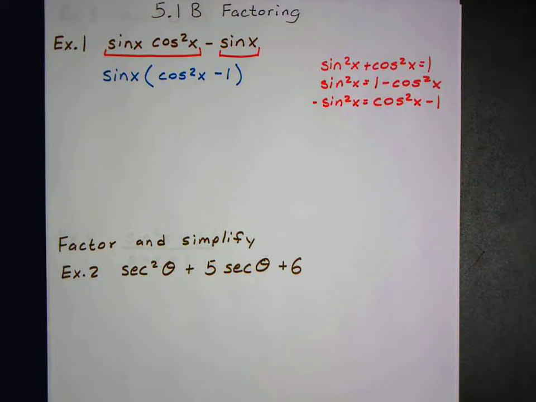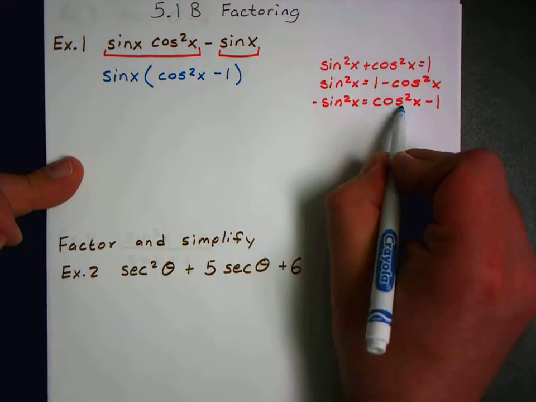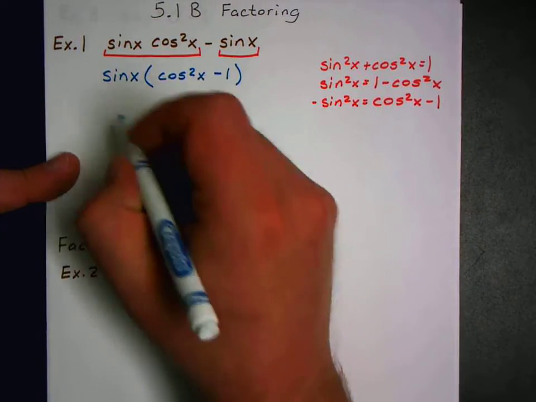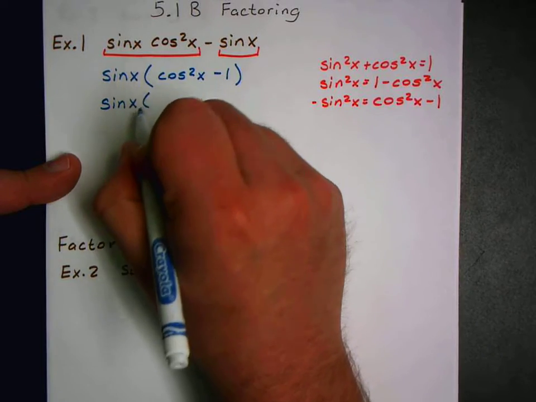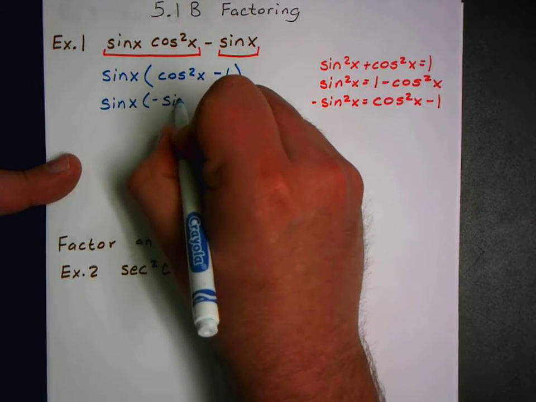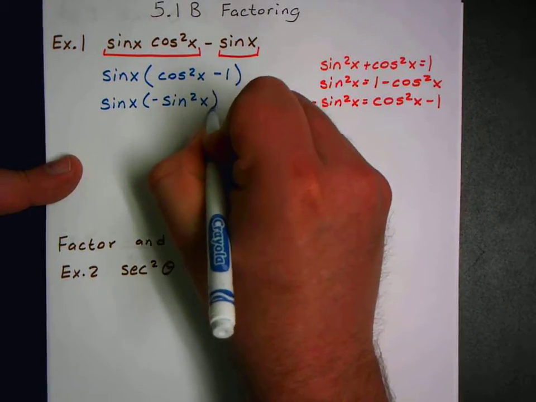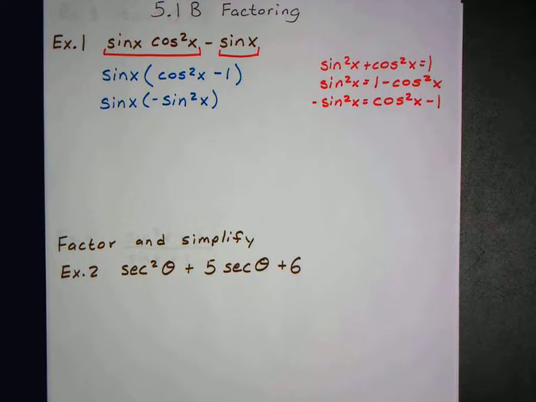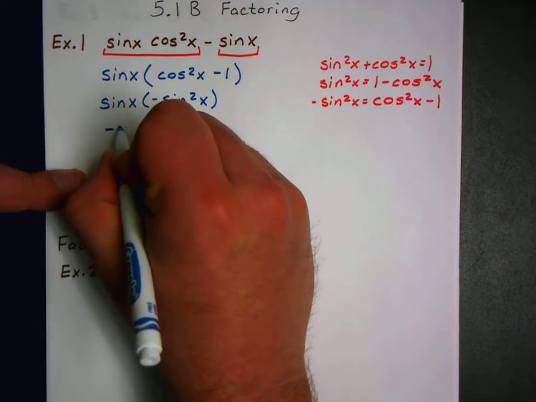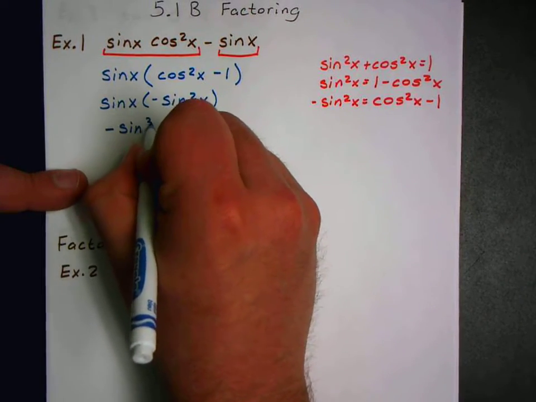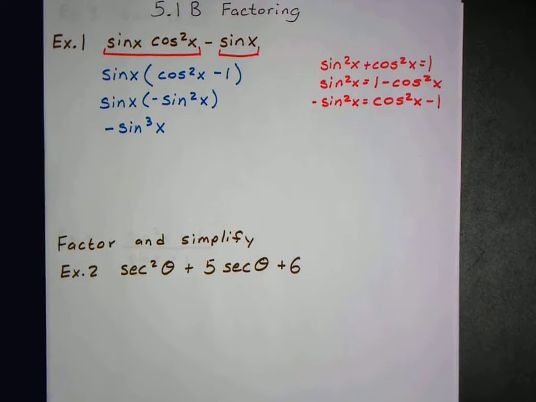So cosine squared x minus 1 equals negative sine squared x. So then I can substitute that in for this, because remember, when we're simplifying, we're trying to get to a single trig function. So then I can multiply that back out and get negative sine cubed x.